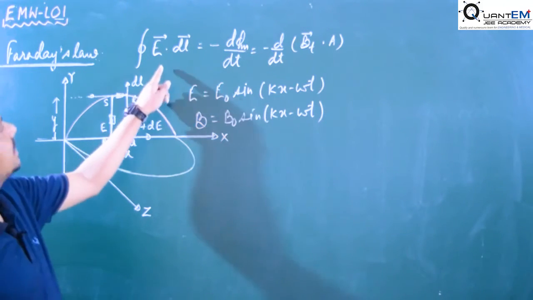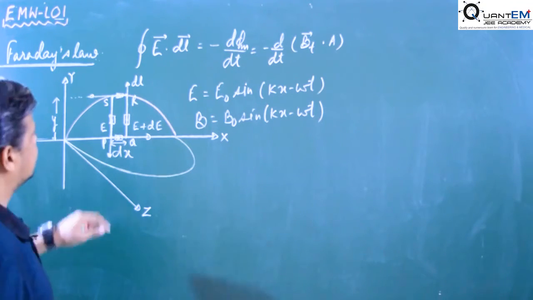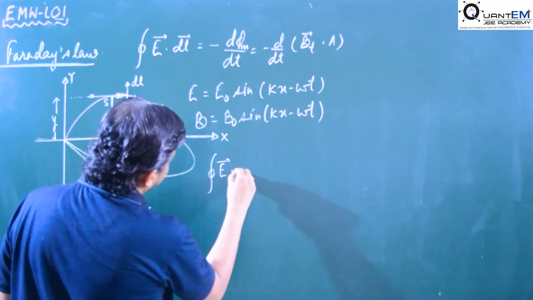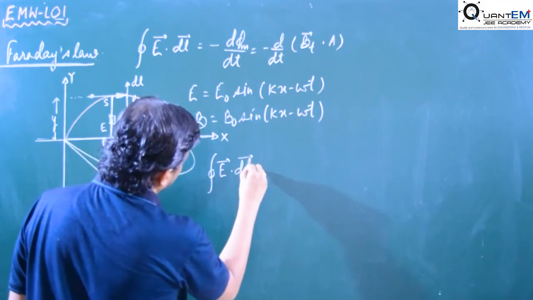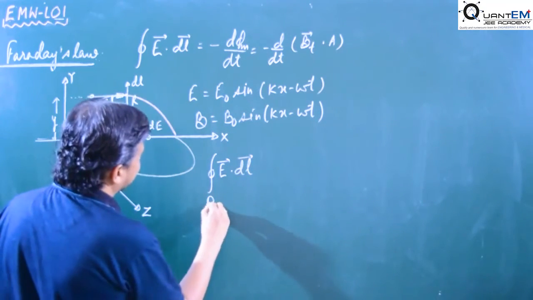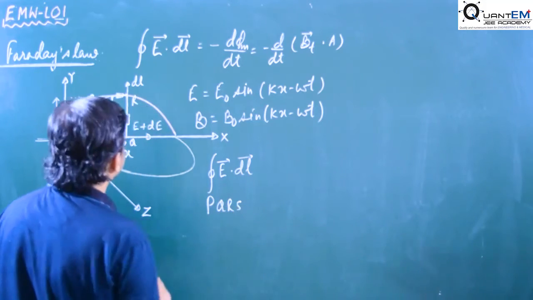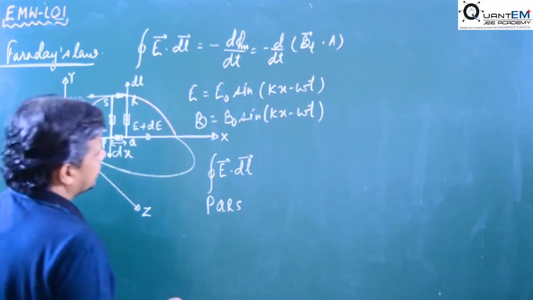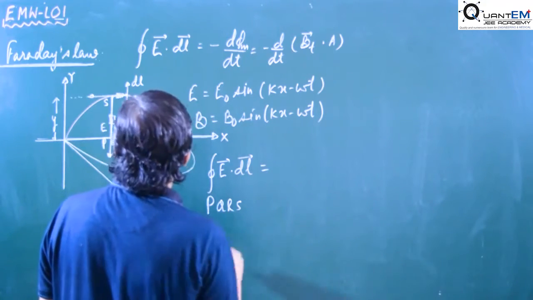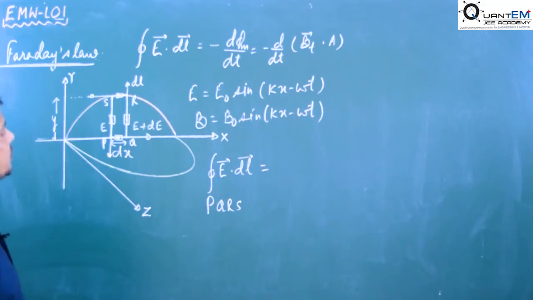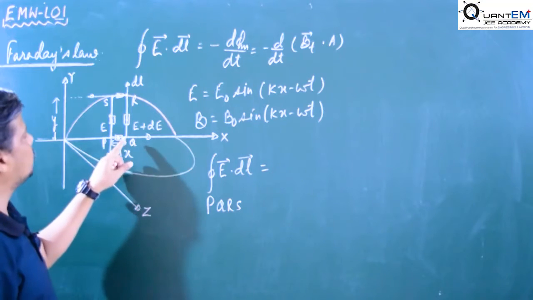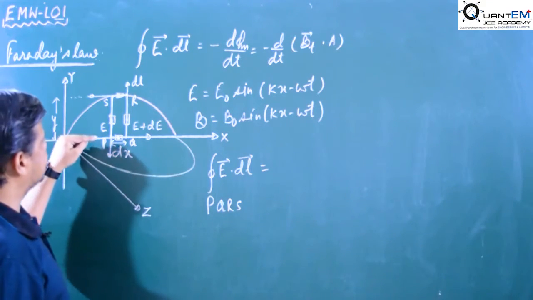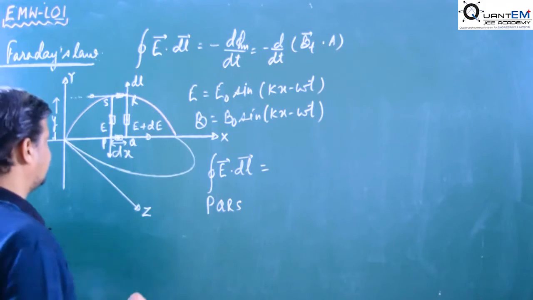The integral of E dot dl is the line integral of the electric field over the closed path, and that path is PQRS. Now look here, we start from P to Q. This is the direction of dl, and this is the direction of the electric field.